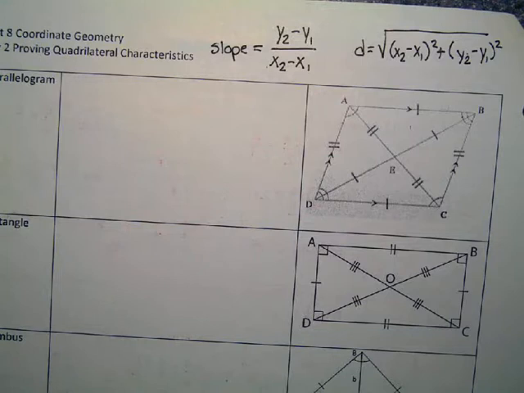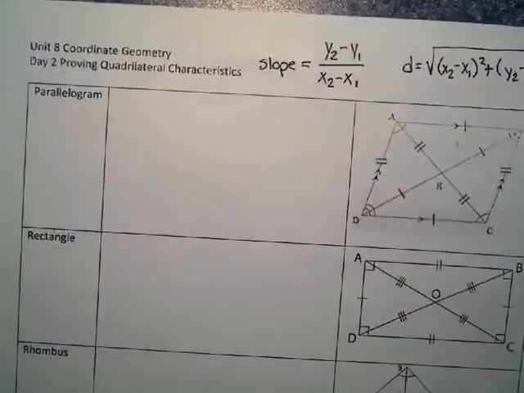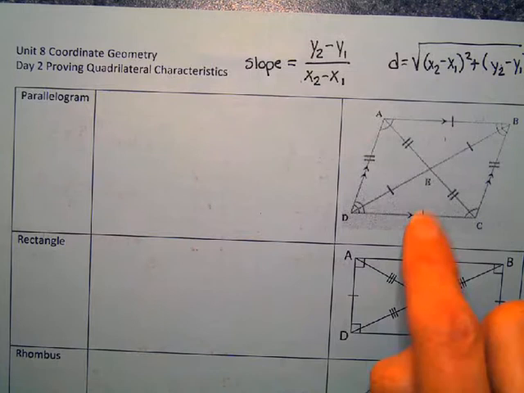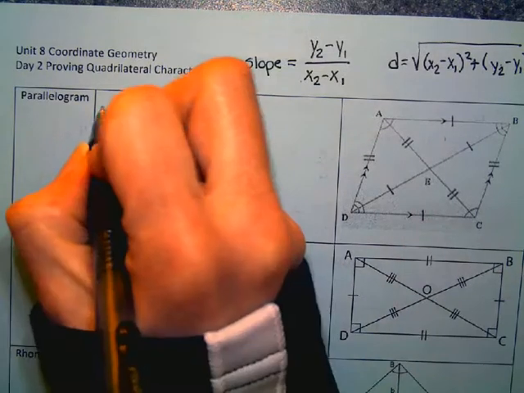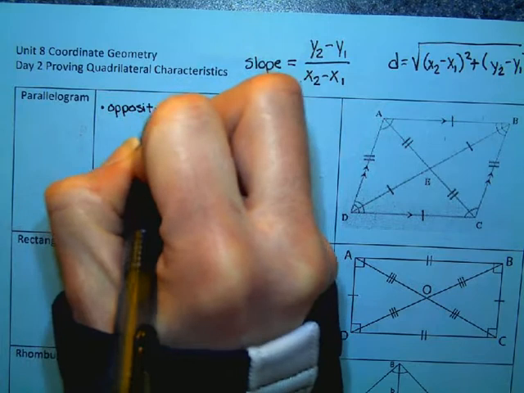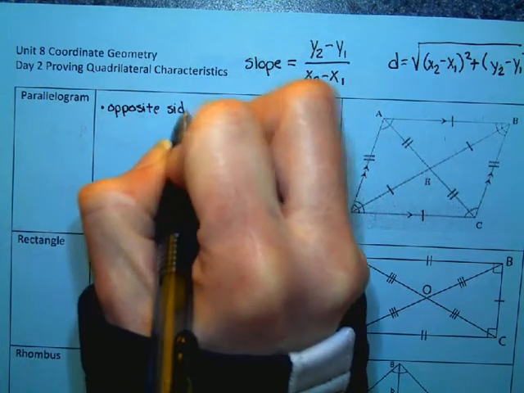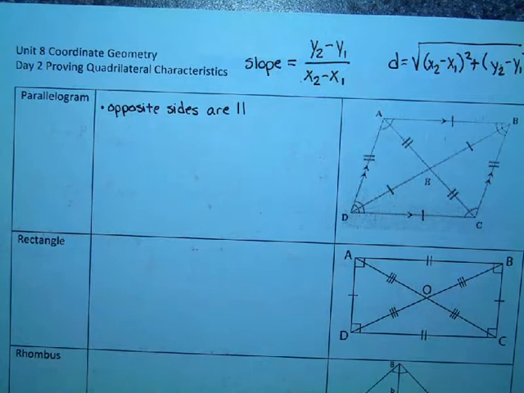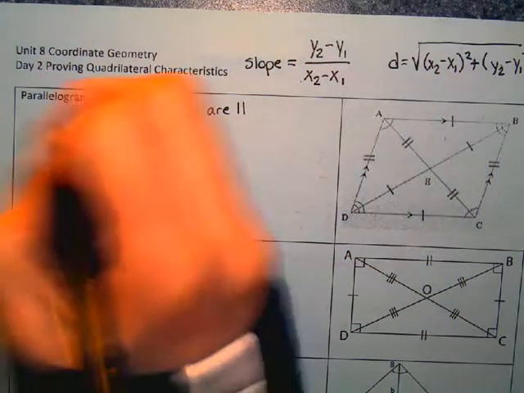So there's all kinds of situations here. Let's write down some of the characteristics you remember. I've labeled a lot of things in the pictures to help with this. So for instance, maybe you remember those arrows mean opposite sides are parallel. We also know opposite sides are congruent.